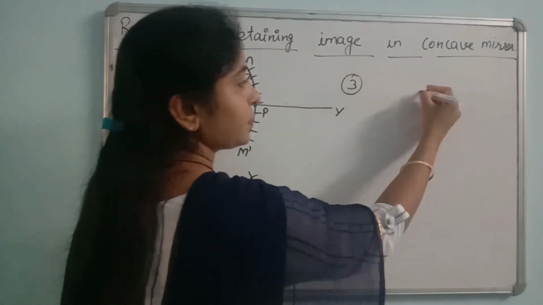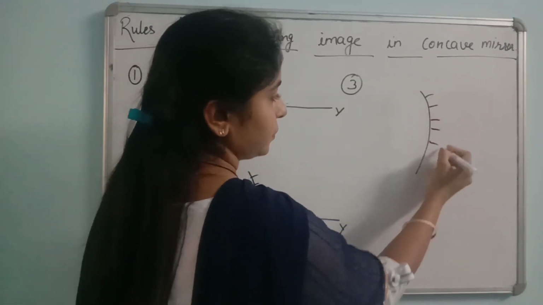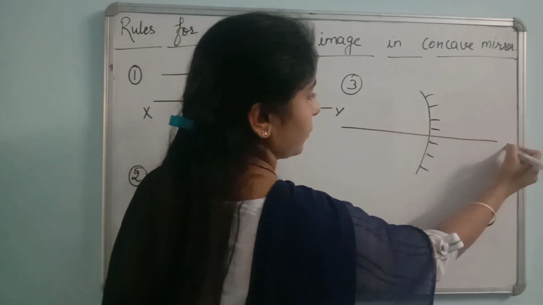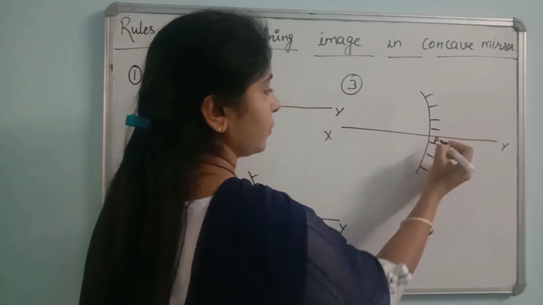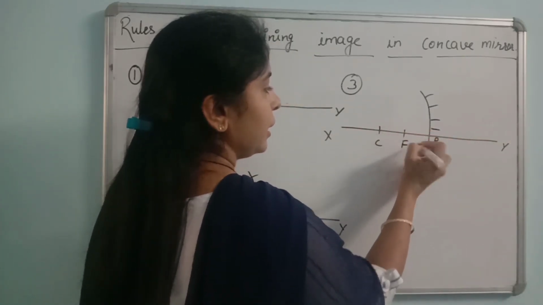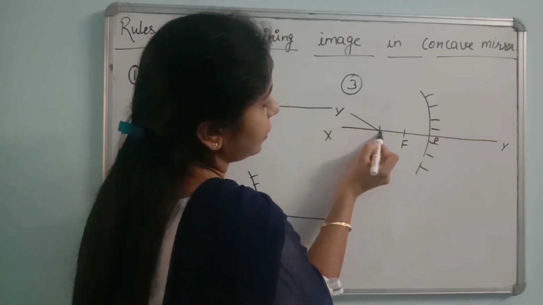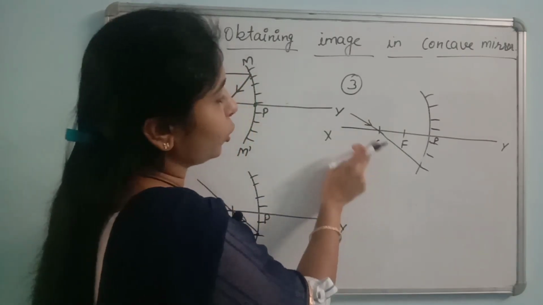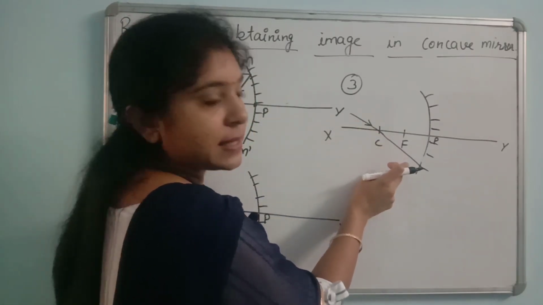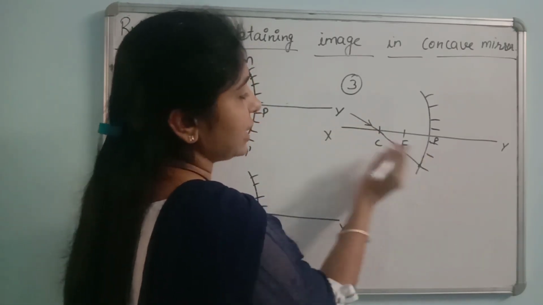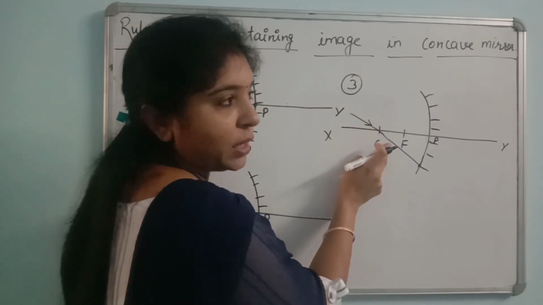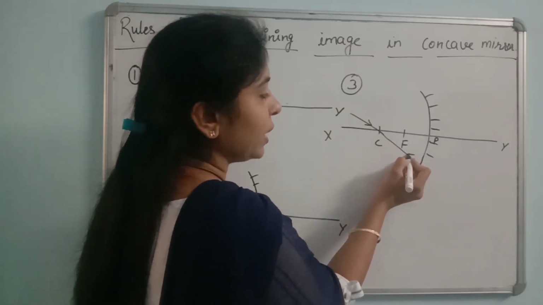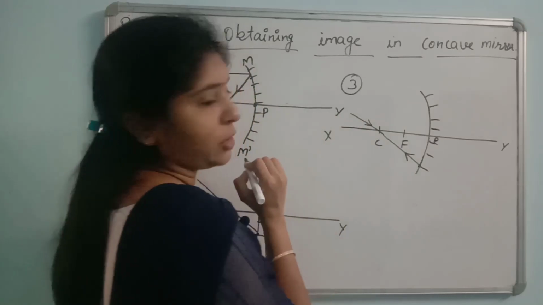Third rule: if any ray is coming from the center of curvature, means the incident ray is coming from the center of curvature, then it will reflect in the same direction.